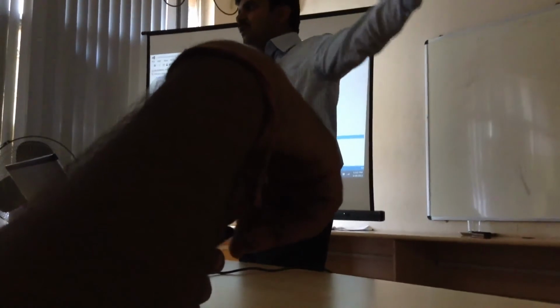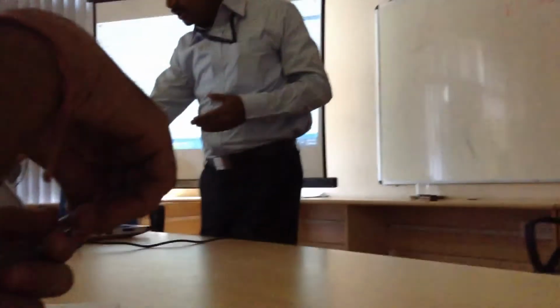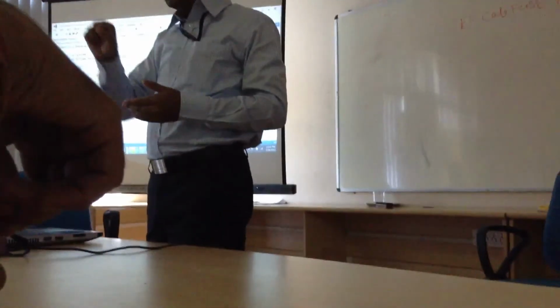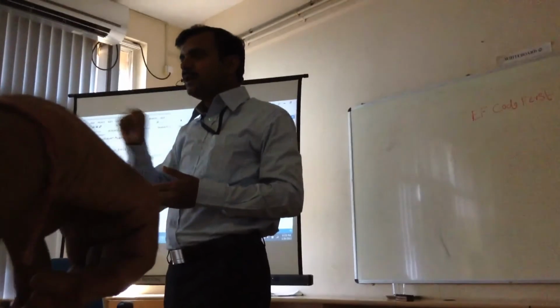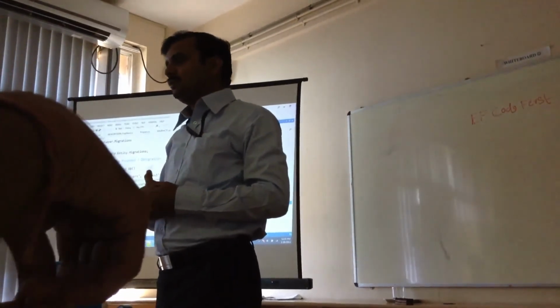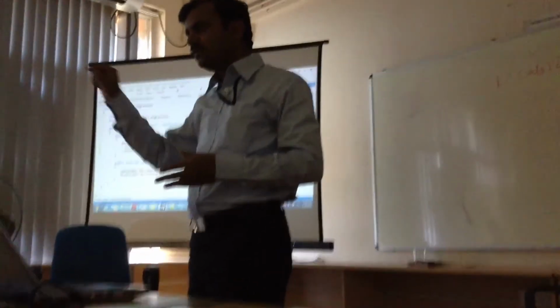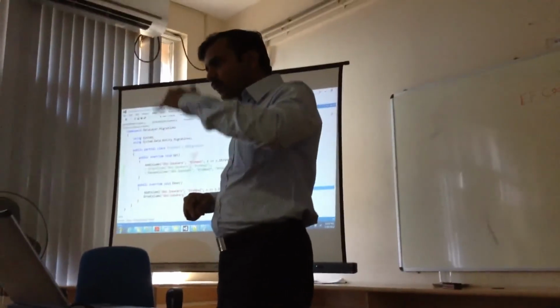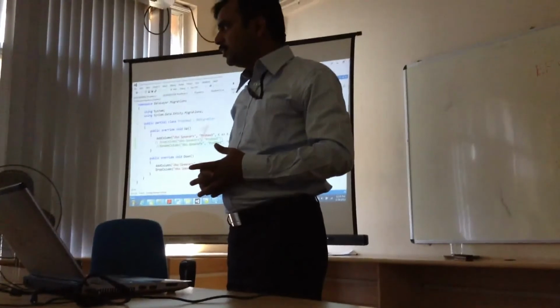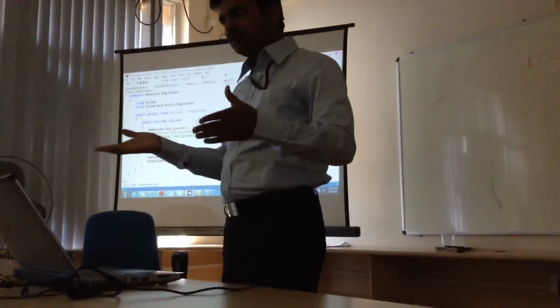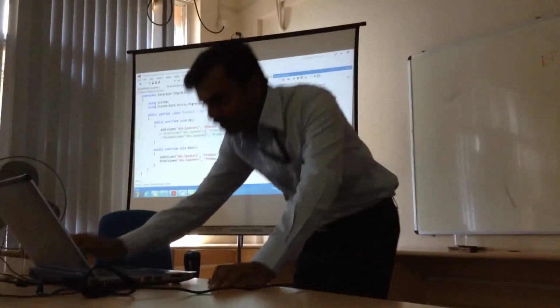When you add a migration, you can give the migration name, like add migration January. Next month, when you add another migration, you can name it February, and I want to roll back my database to January. At that time I can use this command.